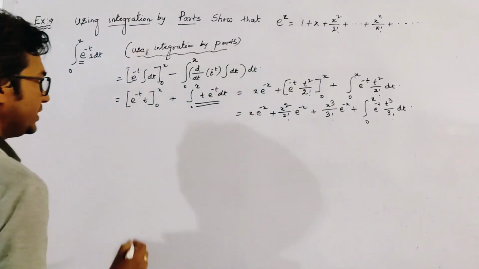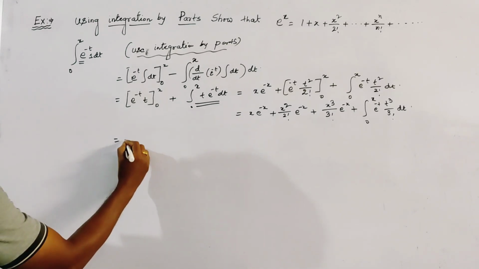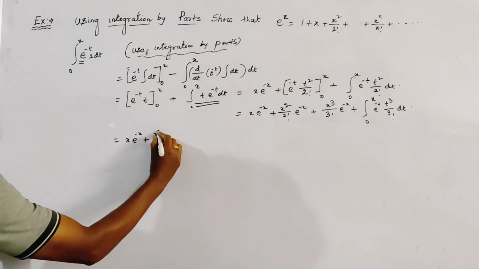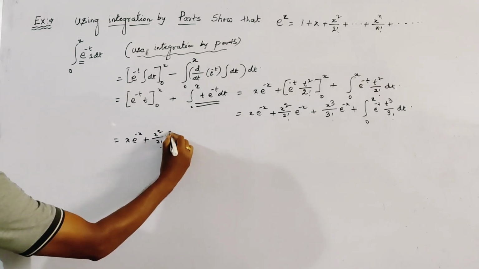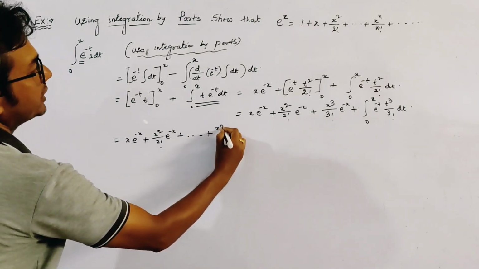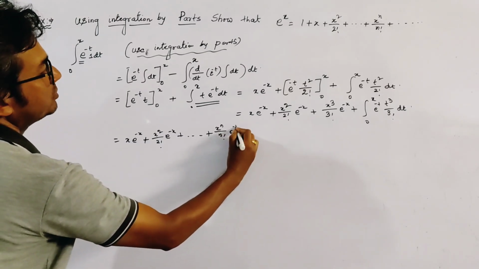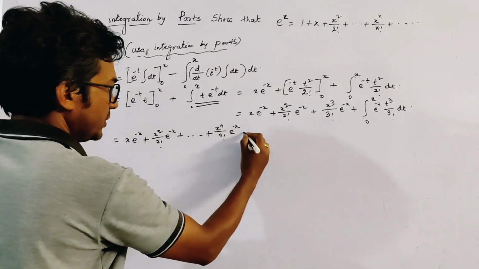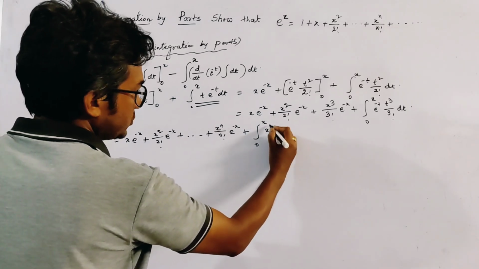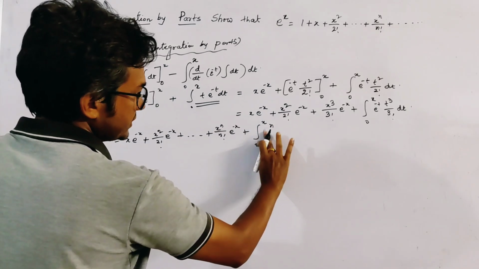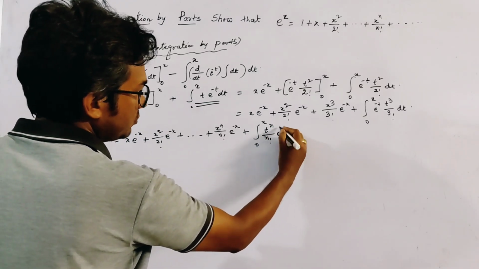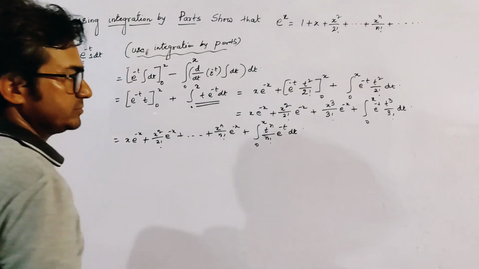This integration can be written as x into e to the power minus x plus x square by factorial 2 into e to the power minus x up to x to the power n by n factorial into e to the power minus x plus integration 0 to x, sorry, this is not x to the power n, it is t to the power n by n factorial into e to the power minus t dt.